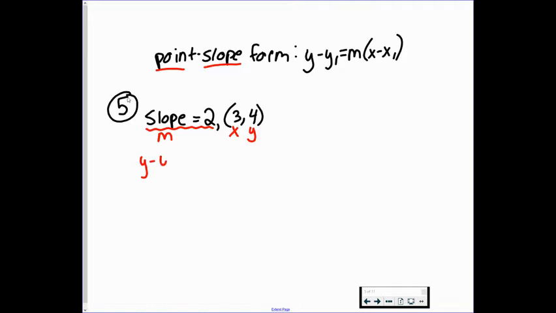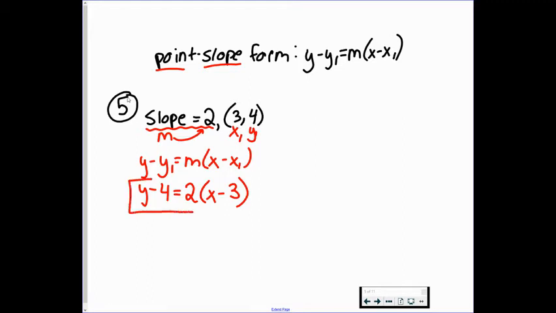So I'm just going to rewrite this out in point slope form. Y minus y1 is 4. M is 2, because that's the slope. And then x1 is 3, because that's the x value from the ordered pair. And that is now written in point slope form.